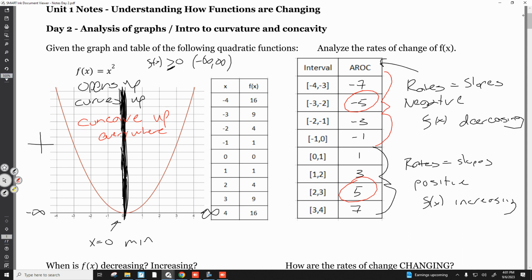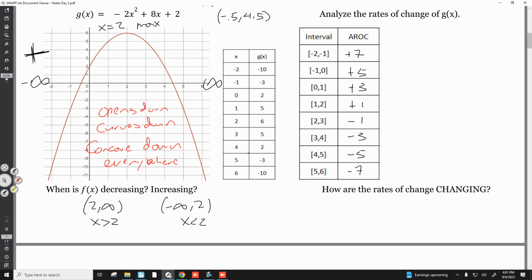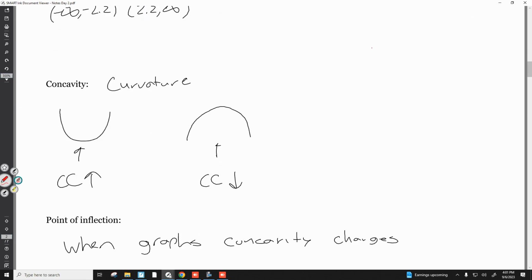If slopes are increasing, the function is curving upward. Thanks for the slope generator. When slopes are increasing, a graph is concave up. When rates of change are increasing, the graph is concave up.